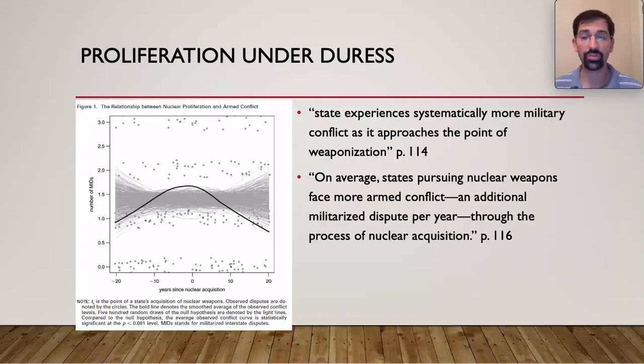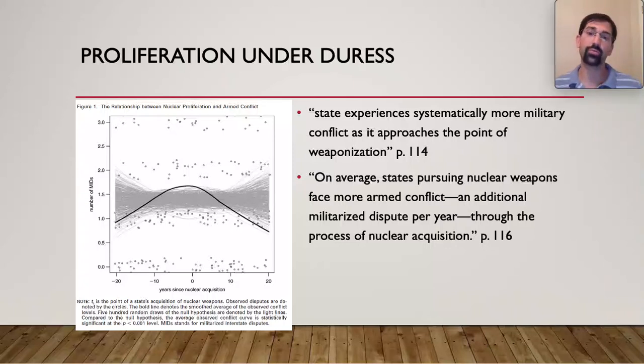So the close 0 being when you acquire a nuclear weapon. And what this is showing us is that as you start to approach a nuclear weapon, there's actually an increase in the likelihood of conflict until you reach a nuclear weapon, and then there's a slow decline. Right? That's what you see with that smoothing curve in between, in the solid smoothing line curve.